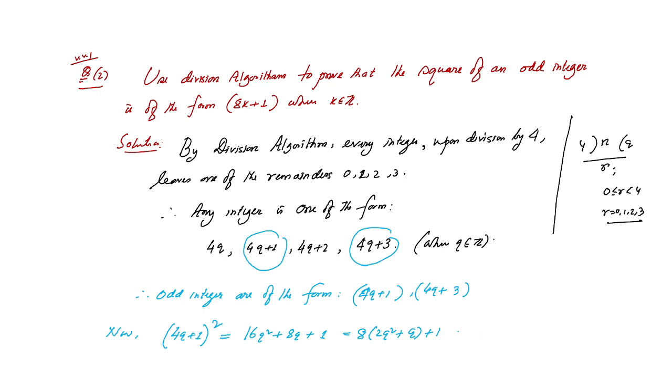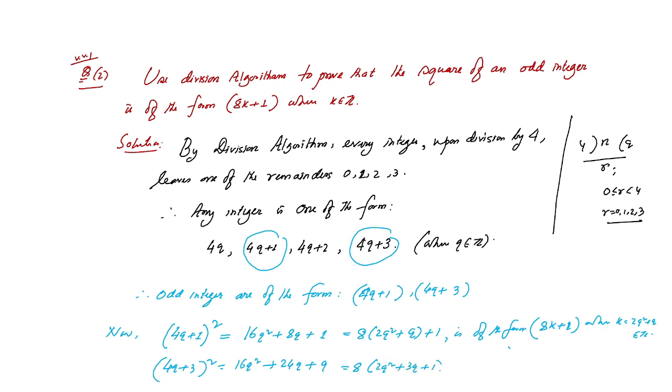So obviously this is of the form 8k plus 1. What is k here? Here k is 2q square plus q, and this is also an integer. Now if you take (4q plus 3) square, that will be 16q square plus 24q plus 9. We can take the common 8 out: 8 into (2q square plus 3q plus 1) plus 1.